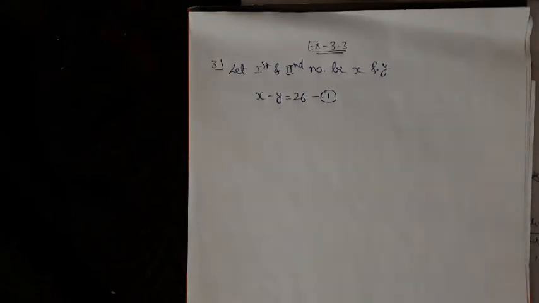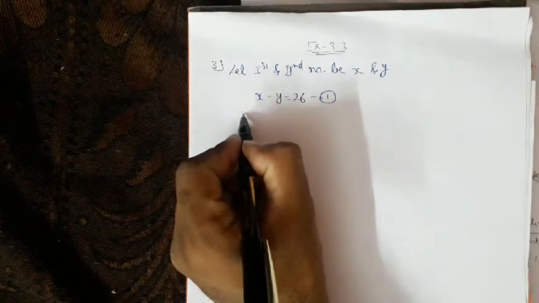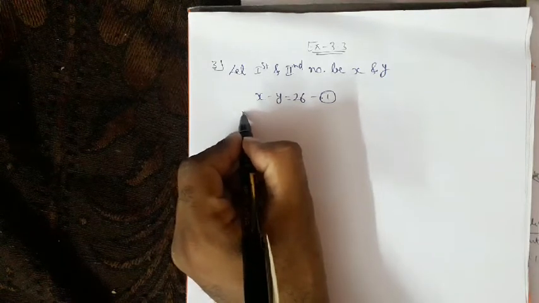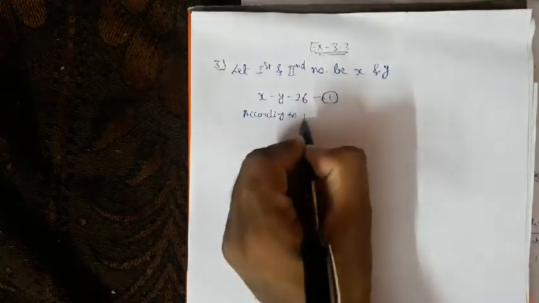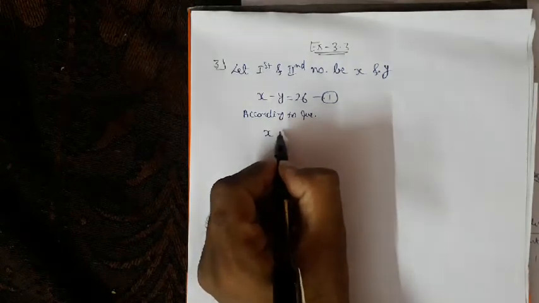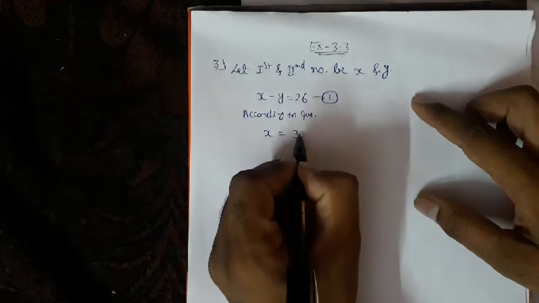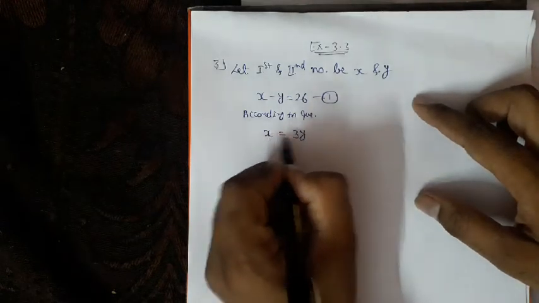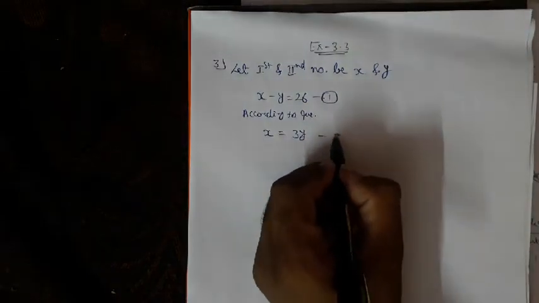According to the question, the first number is 3 times the other number. If I take x as the first number and y as the second number, x would be equal to 3 times y, so x = 3y. Clear? So this would be my second equation.